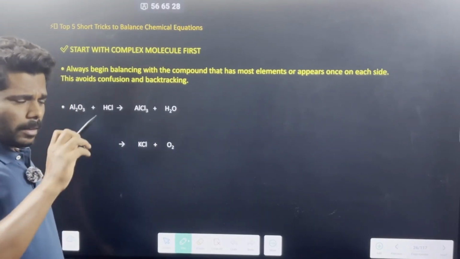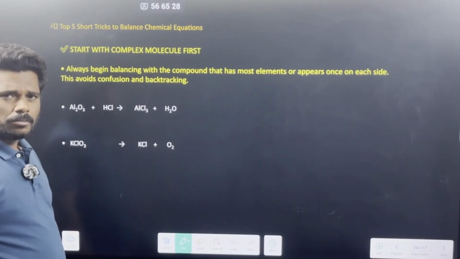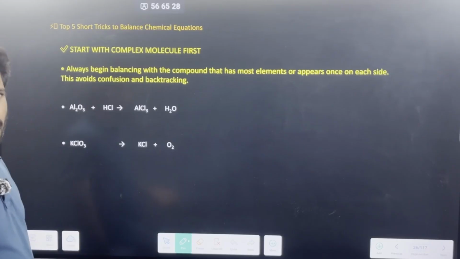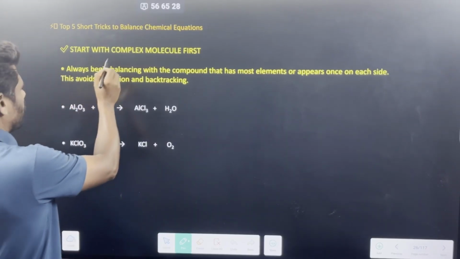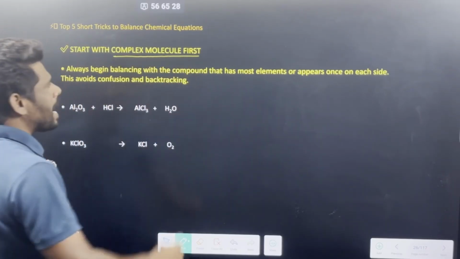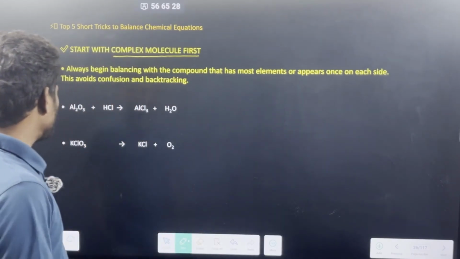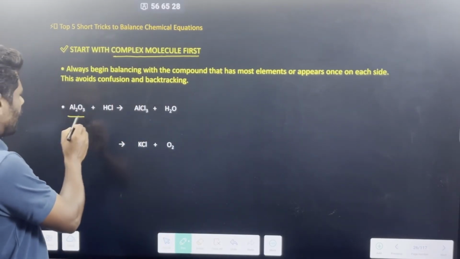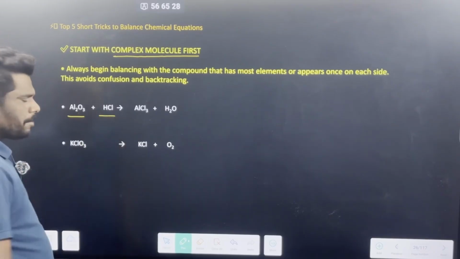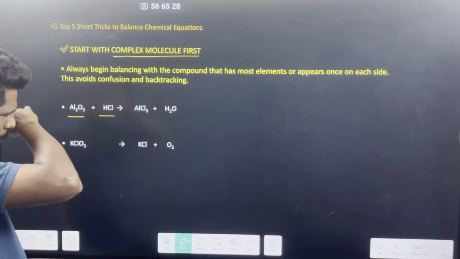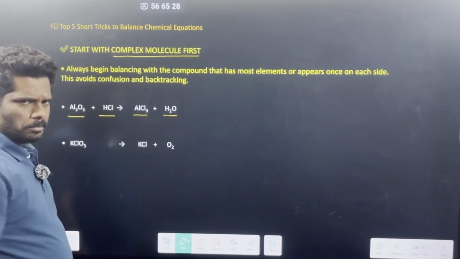If you want to go with the trial and error method, the first trick you have to follow is simple. Always balance the complex molecule first. For example, in this equation, alumina, that is aluminium oxide, hydrochloric acid, aluminium chloride, and water.